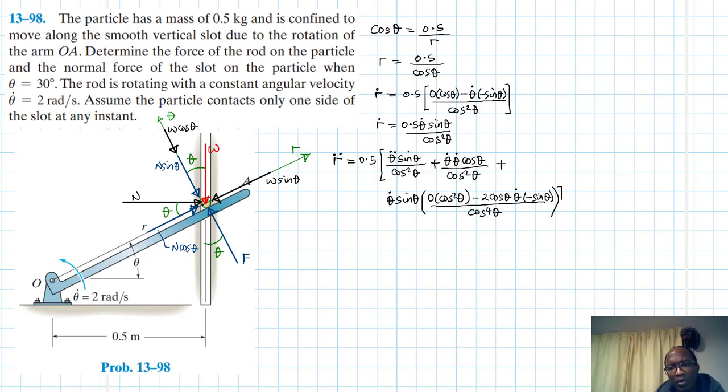Then we close this. Therefore, our r double dot just becomes 0.5.